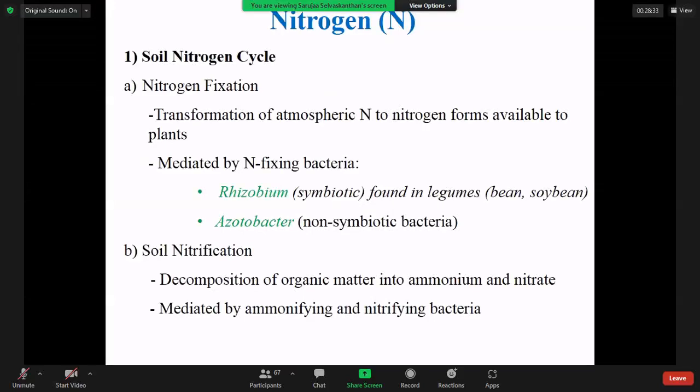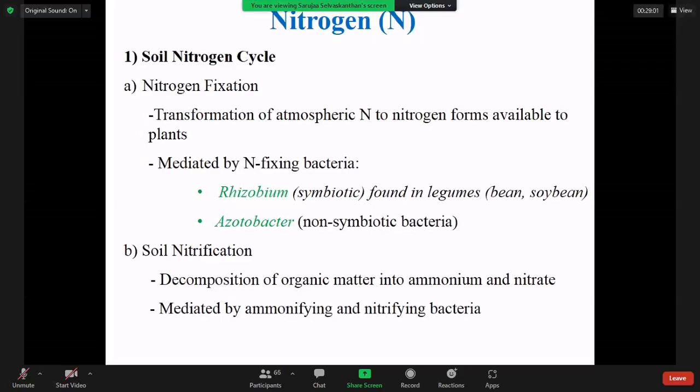Nitrogen. Does anyone have experience of nitrogen fixation and nitrification? Some crops fix nitrogen, am I correct? Especially legumes. They fix nitrogen due to this characteristic of legumes.